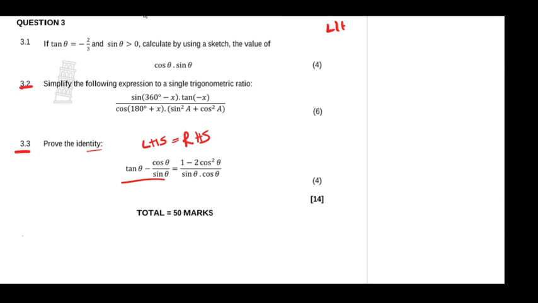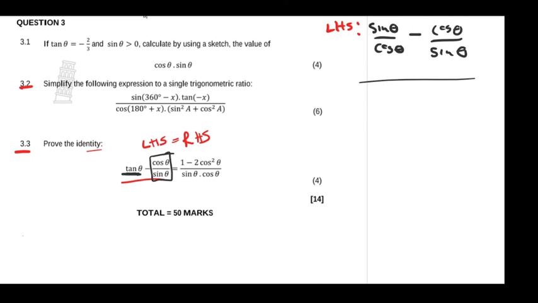So the left hand side, I'm having tan of theta. So the identity of tan of theta is equal to sine theta over cos theta, right? So sine theta over cos theta minus, I'm just going to write this as is, cos theta over sine theta. So just going to add this the way we add fractions, right?